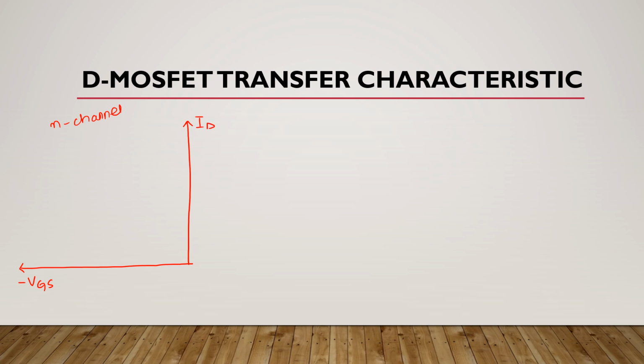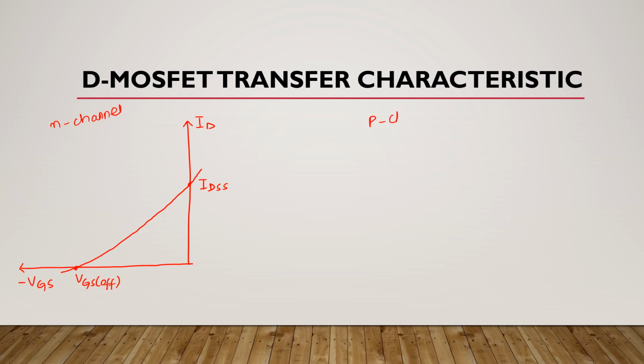Now here the curve will be like this. Now the point on this curve where VGS is 0 corresponds to IDSS, and the point on this curve where ID is 0 corresponds to cutoff voltage.